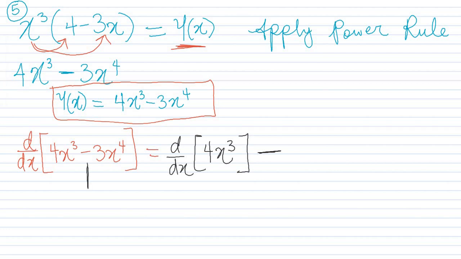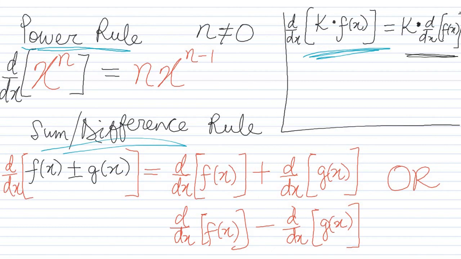Because what is separating 4x cubed and 3x to the fourth is minus. So we now do the derivative of 3x to the fourth. Now that we've broken it down this way, guess what? We can apply the power rule. So remember the power rule: we bring down the power to become the coefficient of the variable, and then we decrease that power by 1.